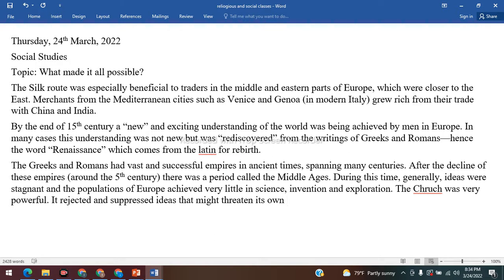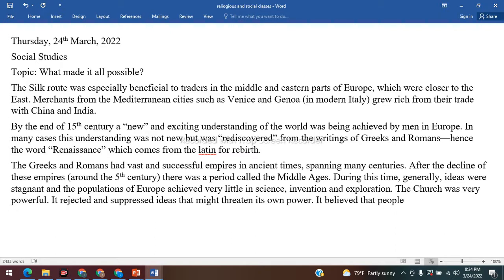You think that's a good thing or a bad thing? Not good, right? That's why knowledge and ideas were suppressed so much. The church had a lot of influence over the masses, and if something tried to threaten its stronghold, they would cast it away.